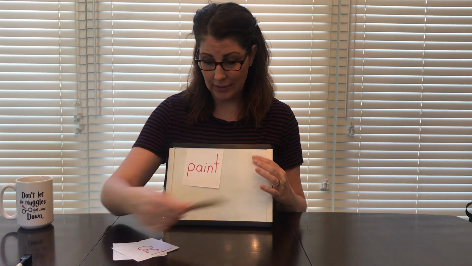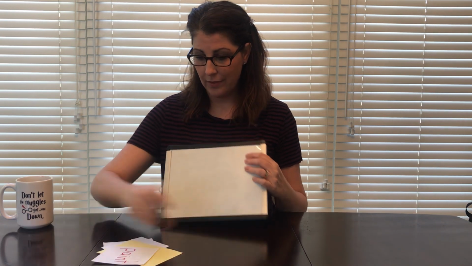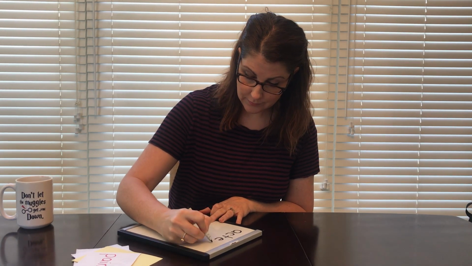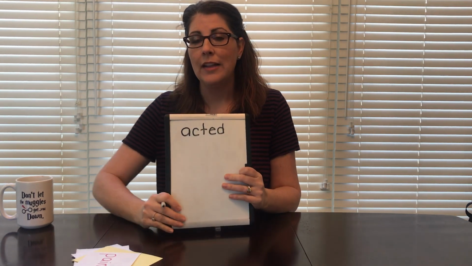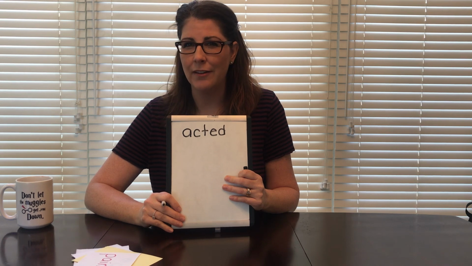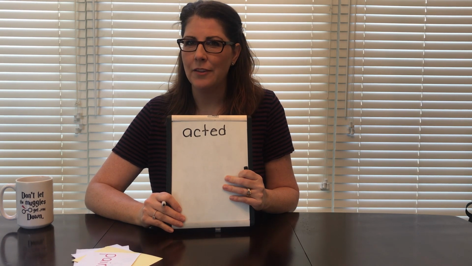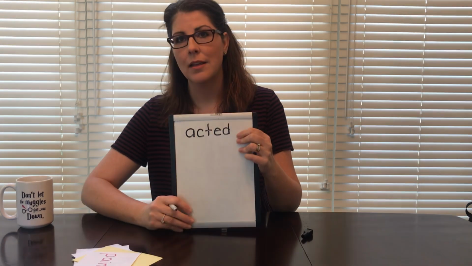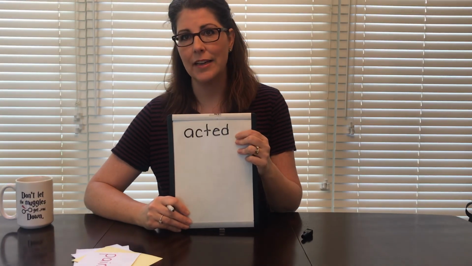So let's write the word acted. All right? When I look at a word, one of the first things I'm looking for when I'm trying to figure out how to read it, I'm looking for prefixes and suffixes. So I'm looking at this word, and I see that there's a suffix.